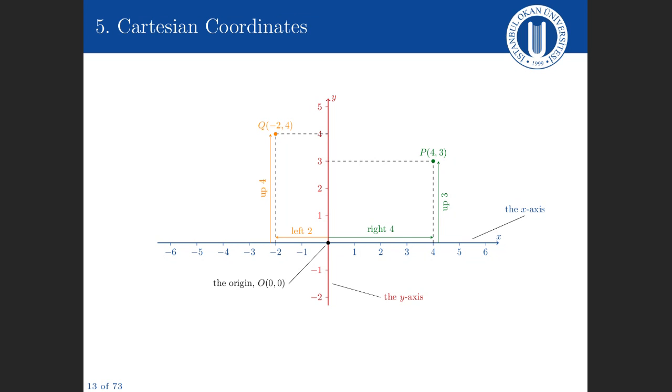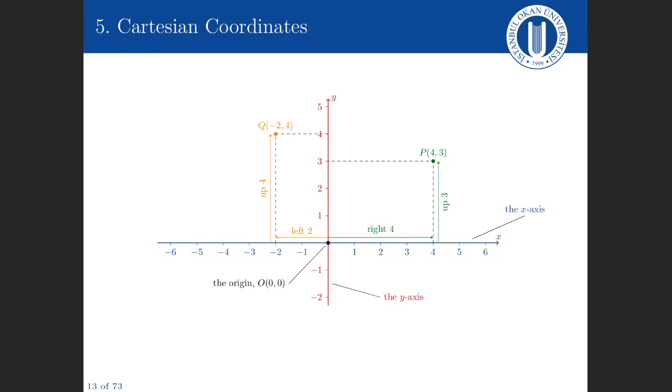We start with two lines, a horizontal line, which is called the x-axis, and a vertical line, which is called the y-axis. The point where these two lines cross is called the origin.